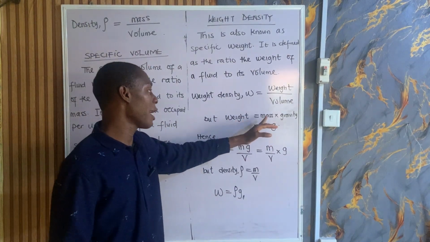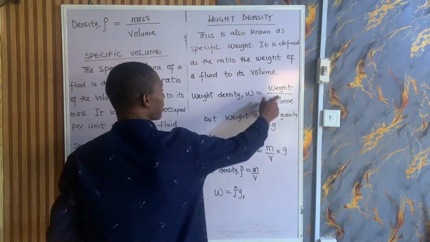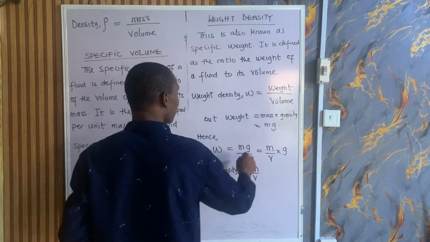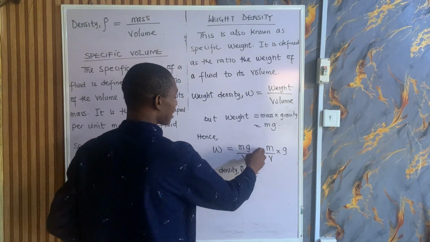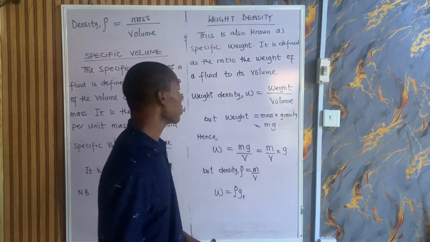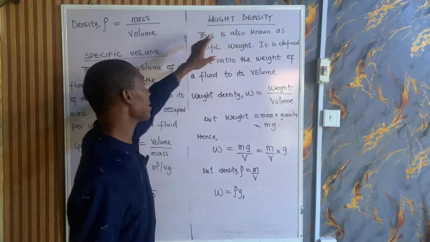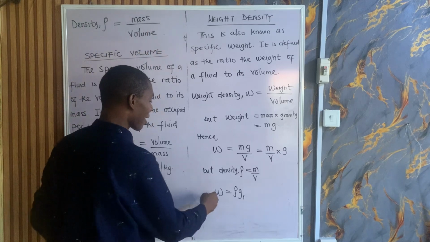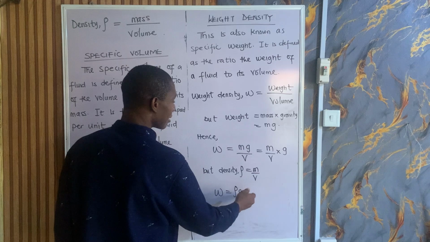That's mg, m for mass and g for gravity. If we substitute that into this, that will be mg over volume V. Now we can separate this by writing that m over V times g. But remember that mass over volume is density. So there's a relationship now between weight density and density: weight density is density times gravity.